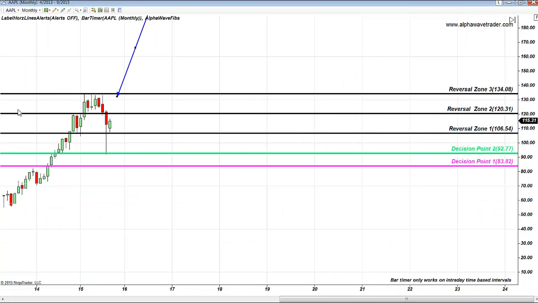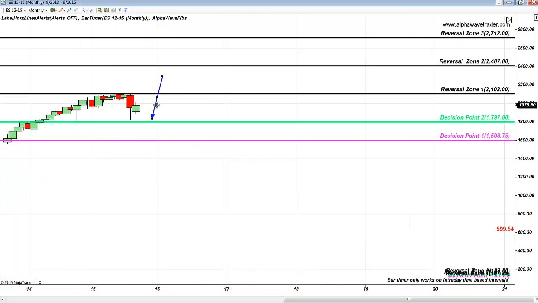Take a look. This is Apple monthly, all spelled out by Alpha Wave Trader method since 2013. That bullish rally on Apple will end at reversal zone. All spelled out on S&P monthly as posted on social media for years.